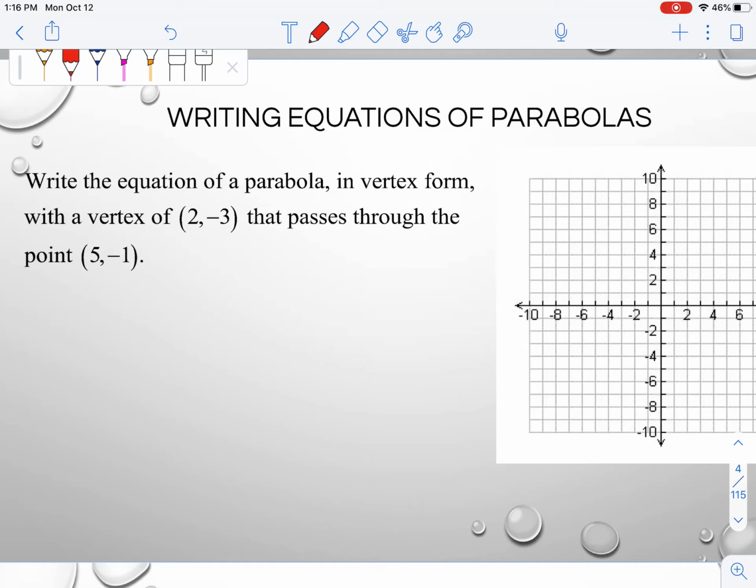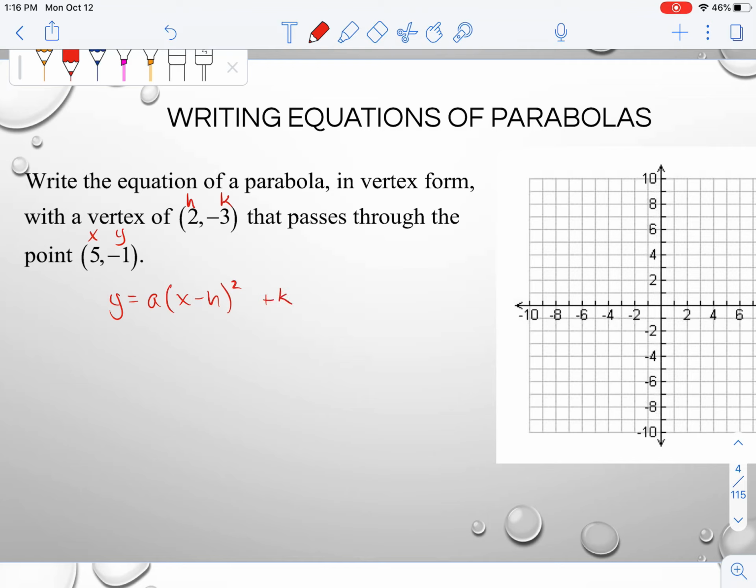All right, so in vertex form, given a vertex of (2, -3), so h and k, that passes through the point (5, -1), so these would be my x and y points. If we take a look at our vertex form, we have y equals a times quantity x minus h squared plus k. And I simply want to substitute in here.